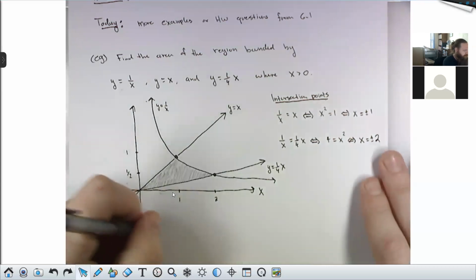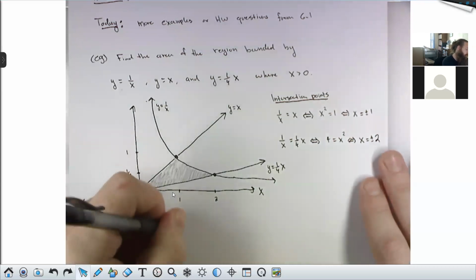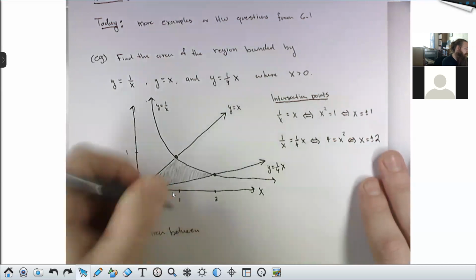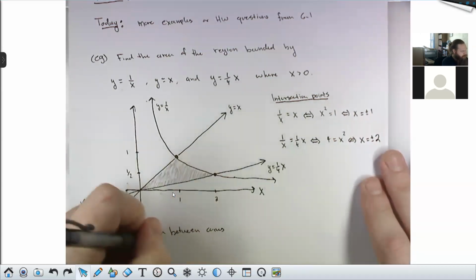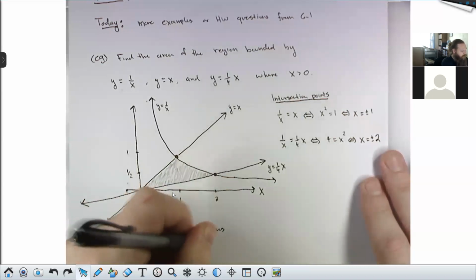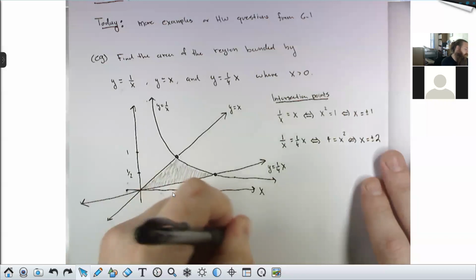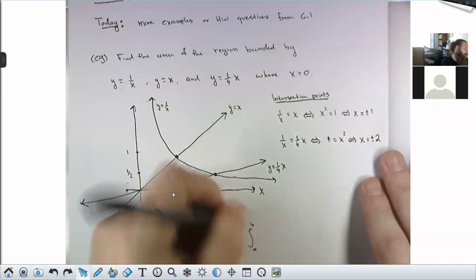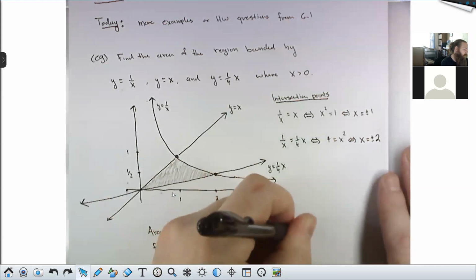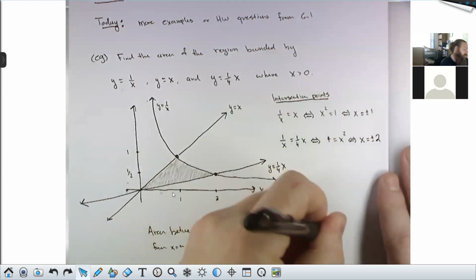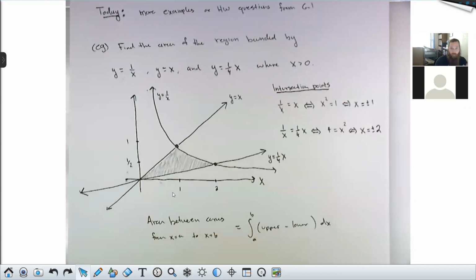So remember the area between curves from x equals a to x equals b is the integral from a to b of the upper function minus the lower function dx. This is how this works if the curves are functions of x, which they are here.